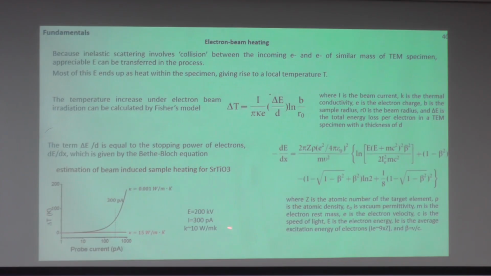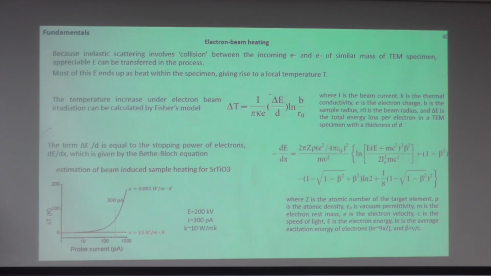If we use such a large conductivity of the material, then we do not have an increase in temperature in the specimen. But if we reduce the thermal conductivity of our material by several orders, like to 0.01 watt per meter kelvin, we can see that at a probe current of 30 pico amps, we have heating of about 50 Kelvin on average.